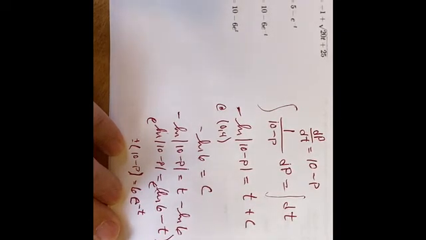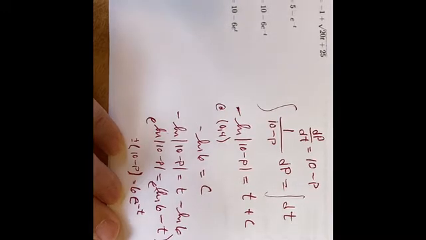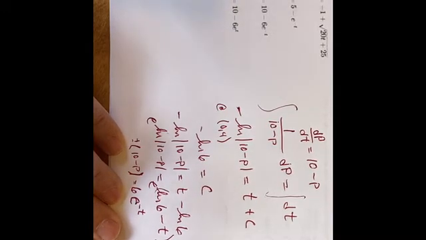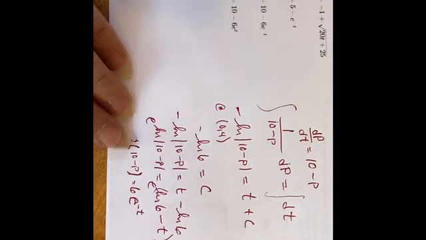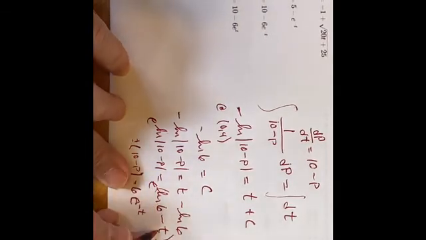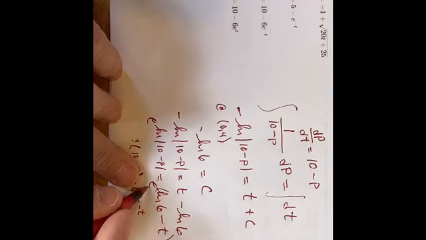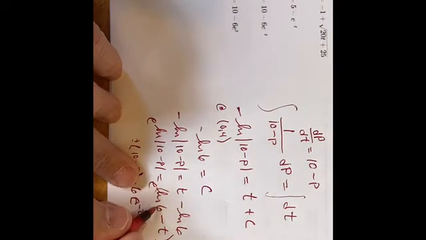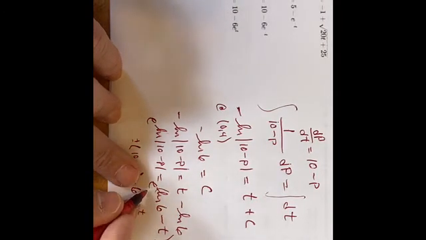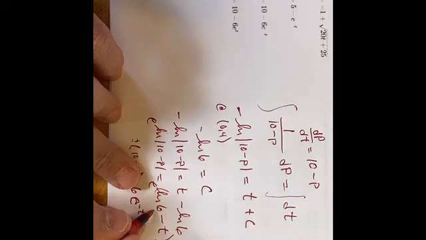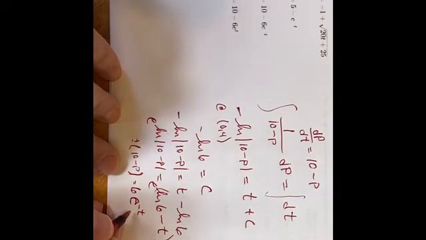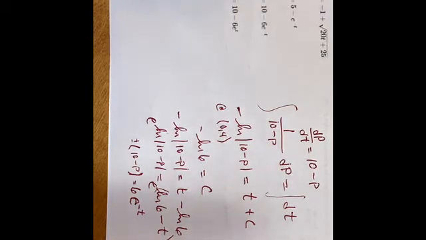So if you have a base to a sum, you can rewrite it as the product of two numbers with the same base, right? So this is e to the natural log of 6, which is just 6, times e to the negative t. And that's what that is right there, okay? Hopefully that makes sense.